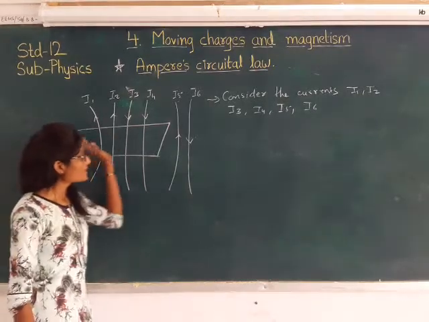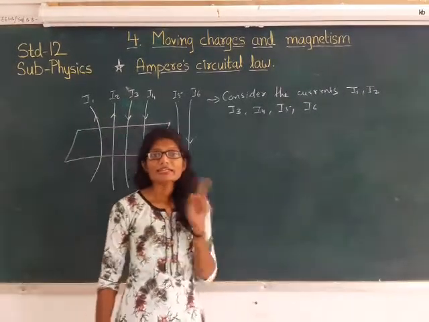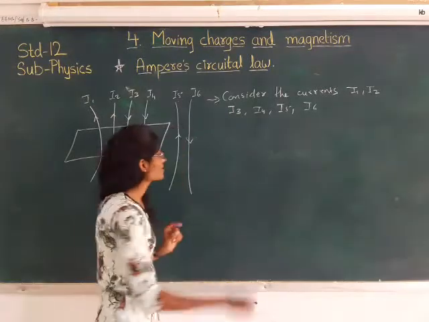When there are currents, around those currents the magnetic field will be generated.